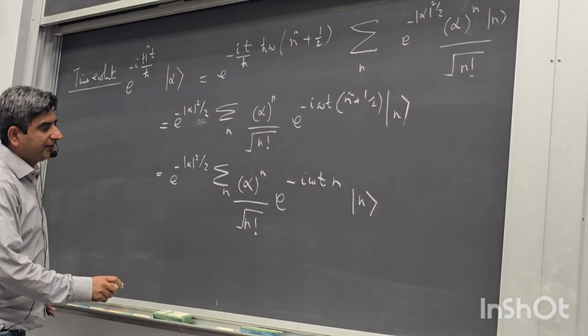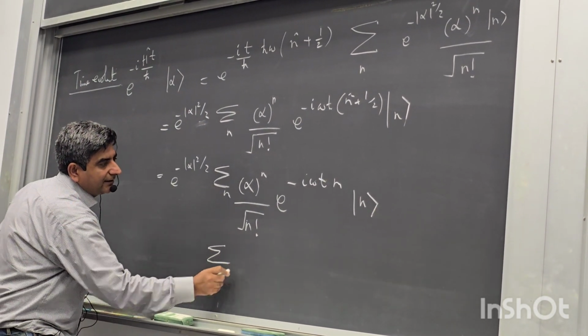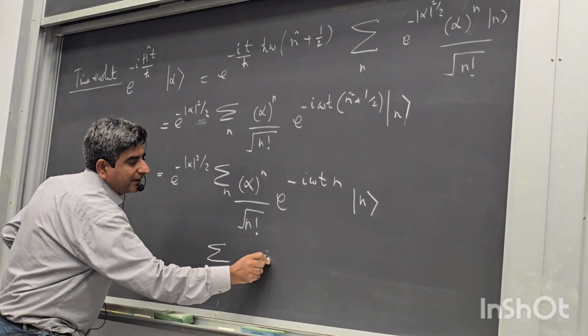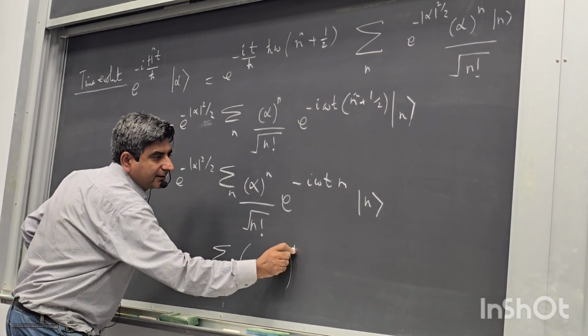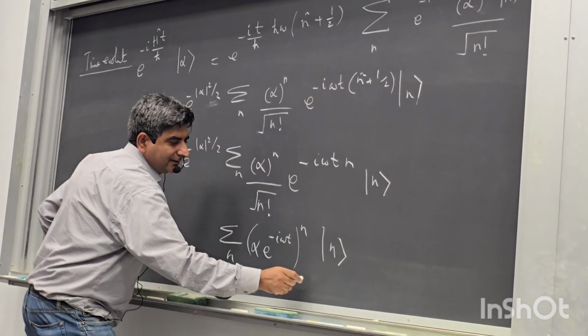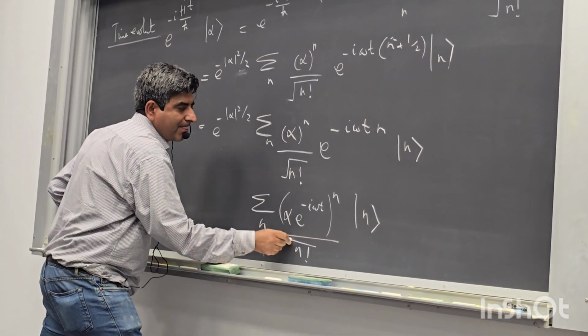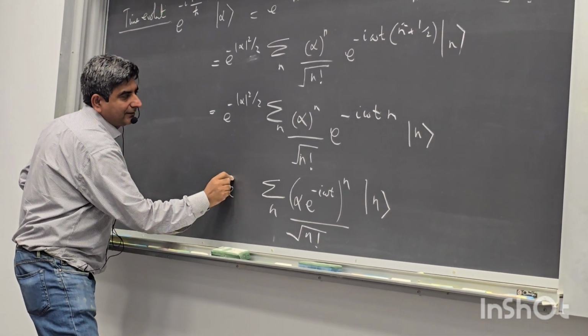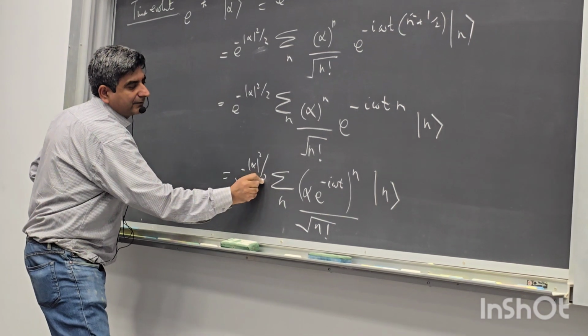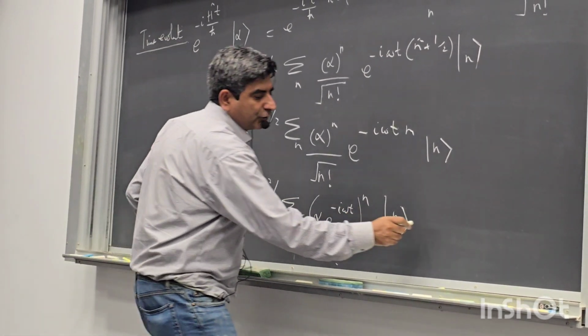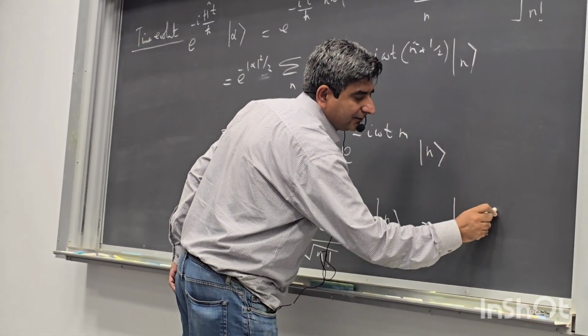Now what is this? This is really alpha e to the minus i omega t raised to power n over square root of n factorial. Right? And isn't this a coherent state of this kind?